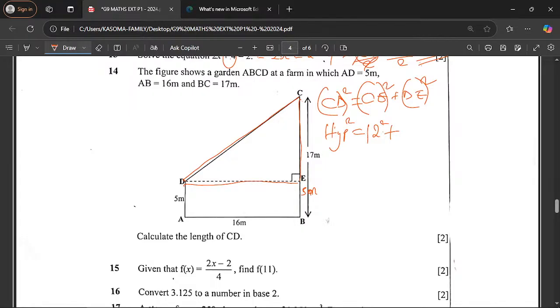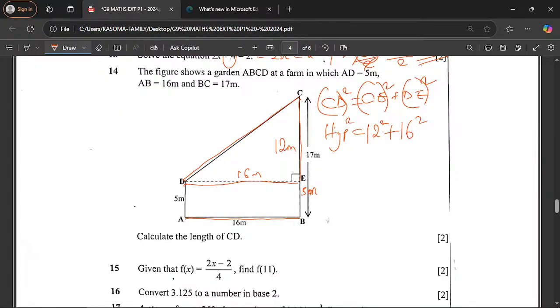We are going to get this length from AB, because AB is equal to DE. So that is 16 meters. This one is 12 meters, and this one is 16 squared.